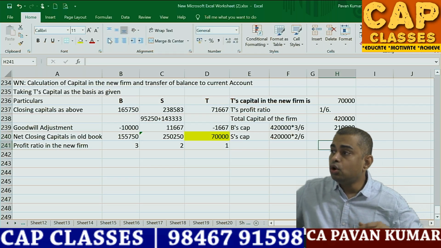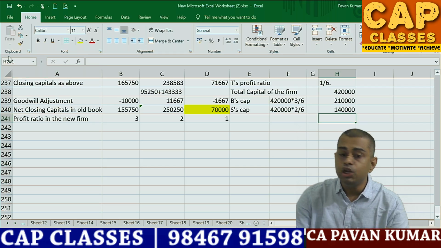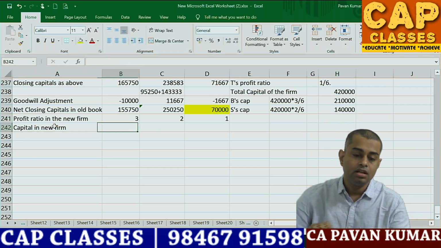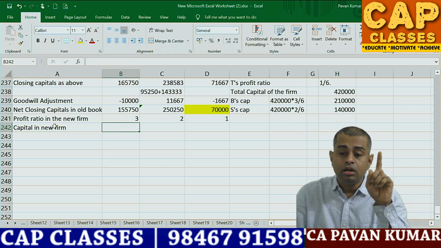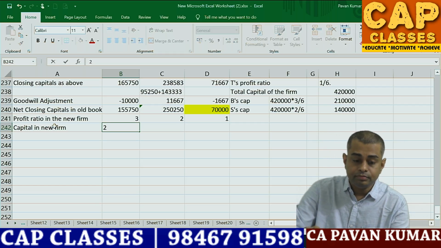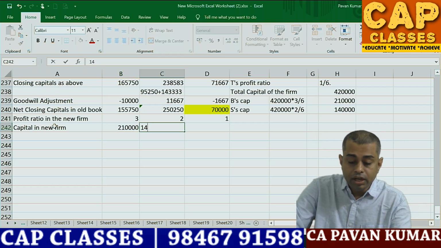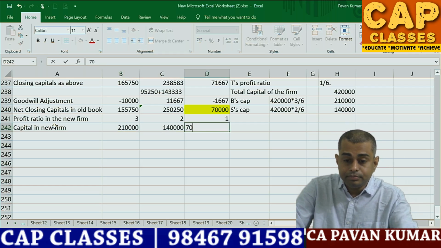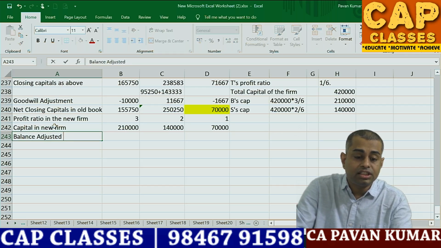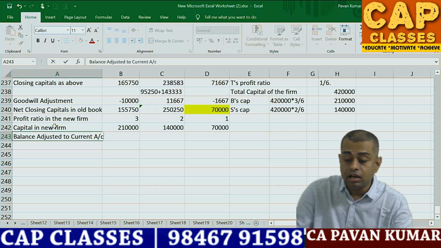Okay. So capitals in new firm: 210, 140, 70. So balance adjusted to current account of partners.